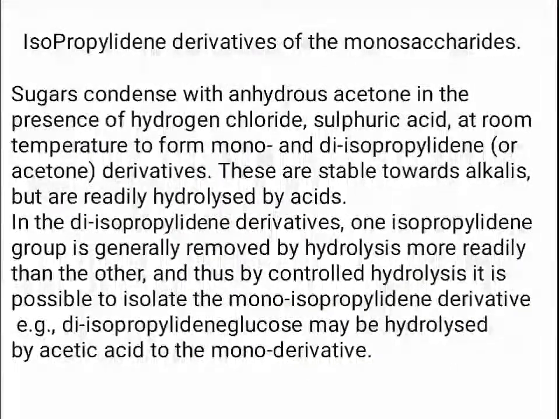Isopropylidene derivatives of the monosaccharides. Sugars condense with anhydrous acetone in the presence of hydrogen chloride or sulfuric acid at room temperature to form mono and diisopropylidene derivatives. These are stable towards alkalis but are readily hydrolyzed by acids.